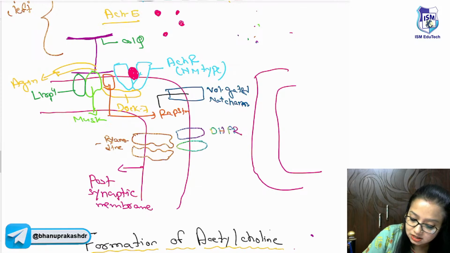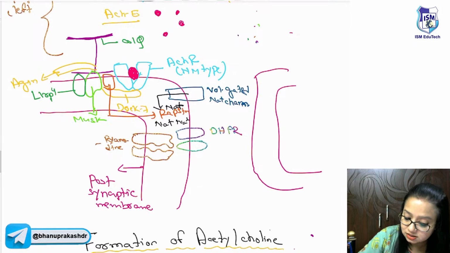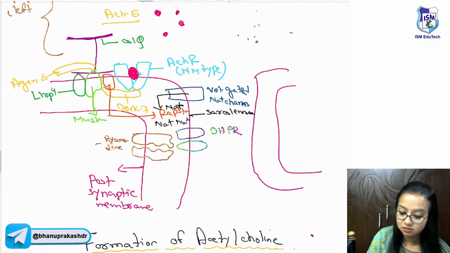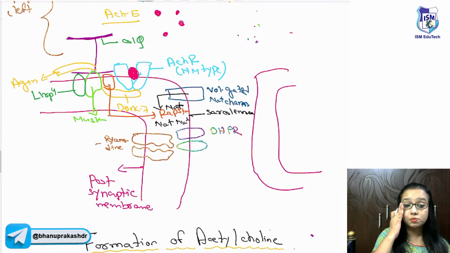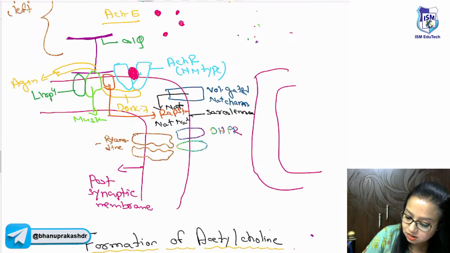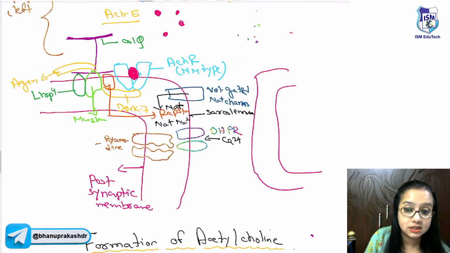So immediately it will cause the influx of sodium into the sarcolemma, and a wave of depolarization will pass through the sarcolemma. Once this voltage gated sodium opens up, it will open up the calcium channel, that is the dihydropyridine receptor.